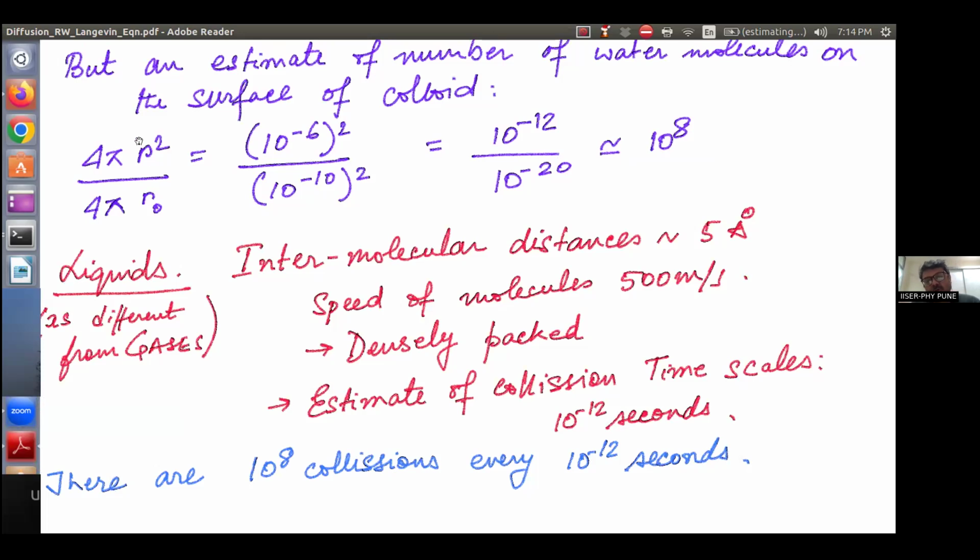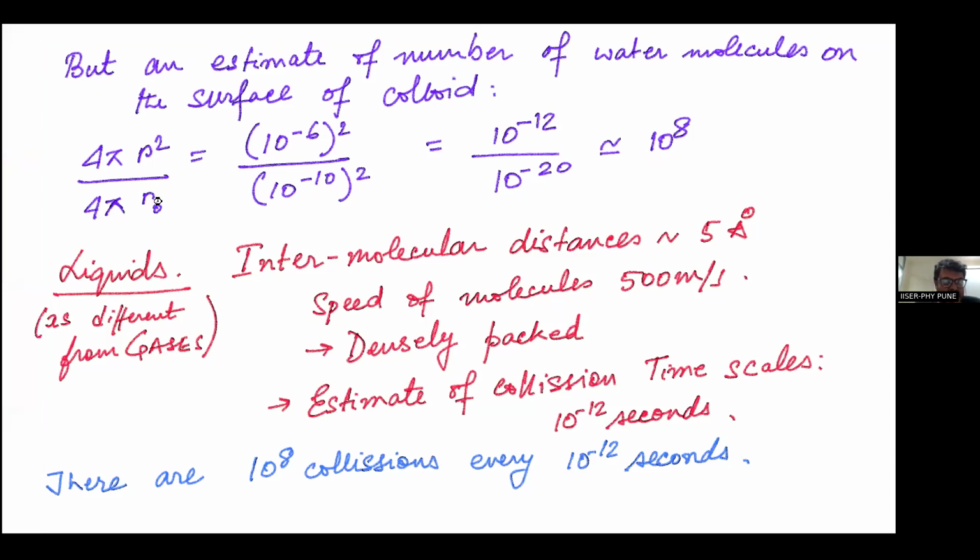So let's estimate how many water molecules are around the surface of the colloid. What is the surface area of the colloid? 4 pi r square, where r is the radius of the Brownian particle. Basically there are small water molecules sitting on the surface of the colloid.